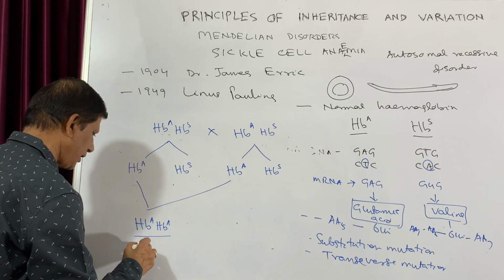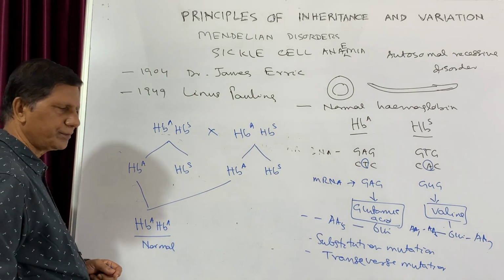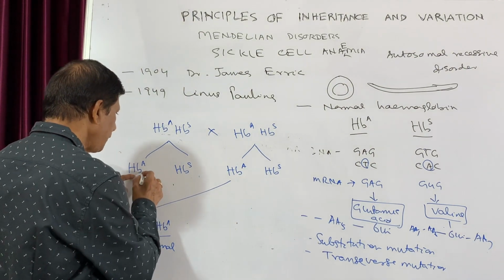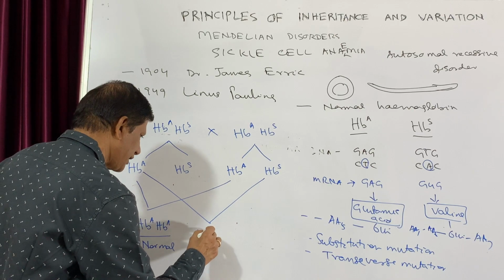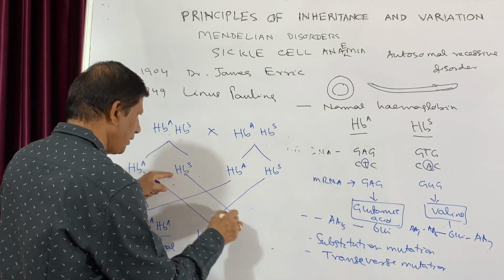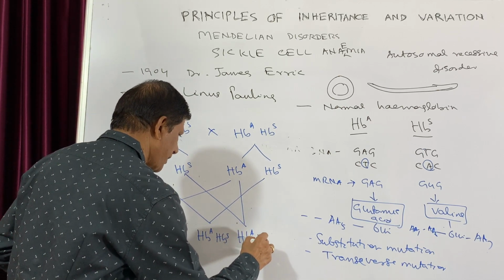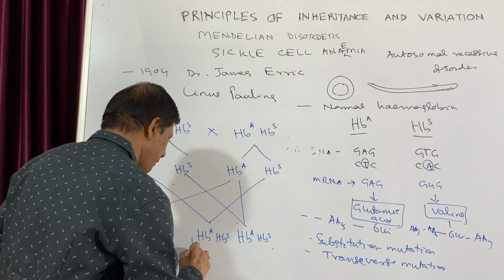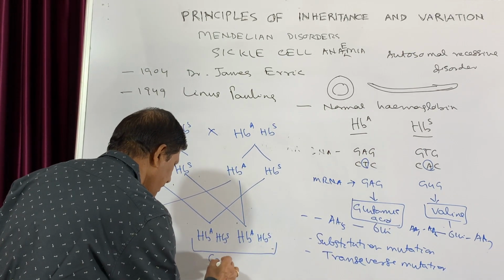That means this person is completely normal, like all of us. But when this will combine with this one, then it will be HBA, HBS. And when this will combine with this, again it will be HBA and HBS. That means these two are sickle cell carriers.